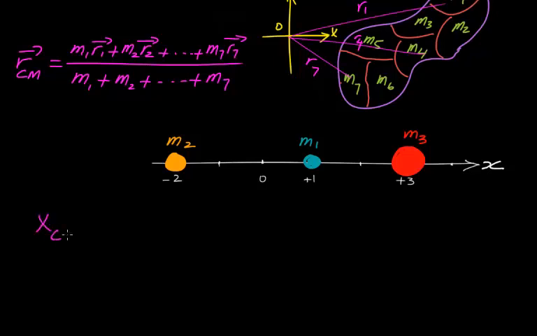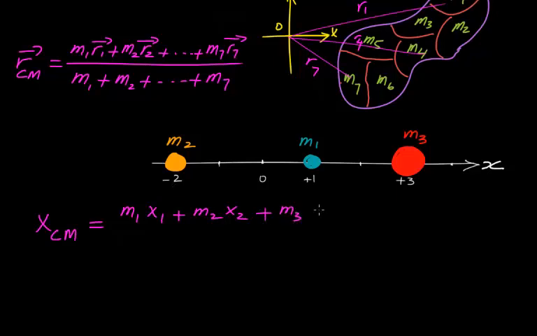The x position of the center of mass of my system will be, like before, M1 times x1. What is x1 in this case? It's from the origin to M1, which is +1, plus M2 times x2. Let's look for x2. It's from the origin to where M2 is located. It's -2. Pay attention to this.